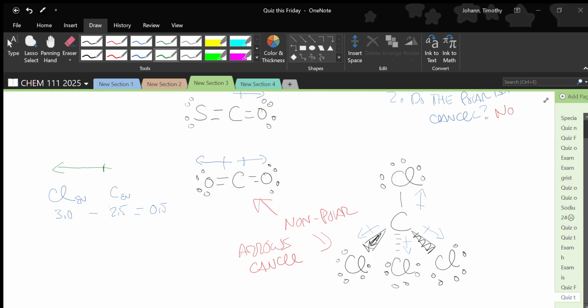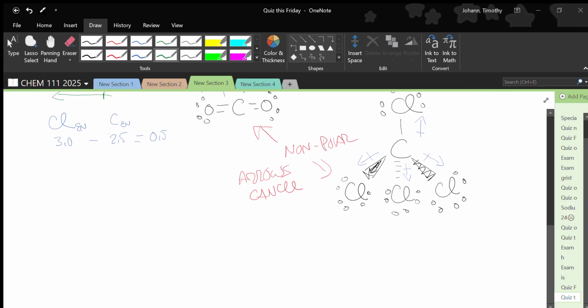Let me do one more thing and then see if there are more questions, and then we'll move on. If I took this tetrahedron and instead put a fluorine on there, let me go ahead and put a fluorine on. Once again, we're drawing a tetrahedron in three dimensions.